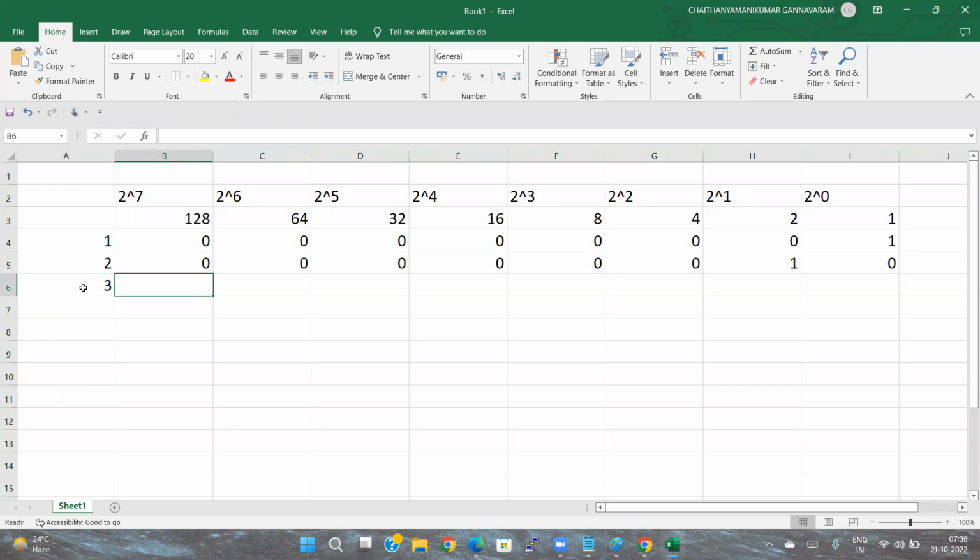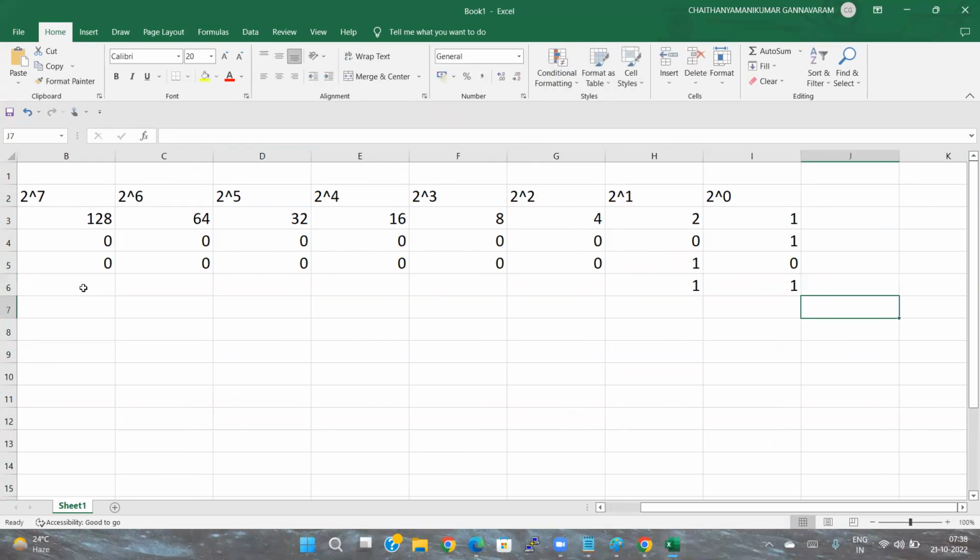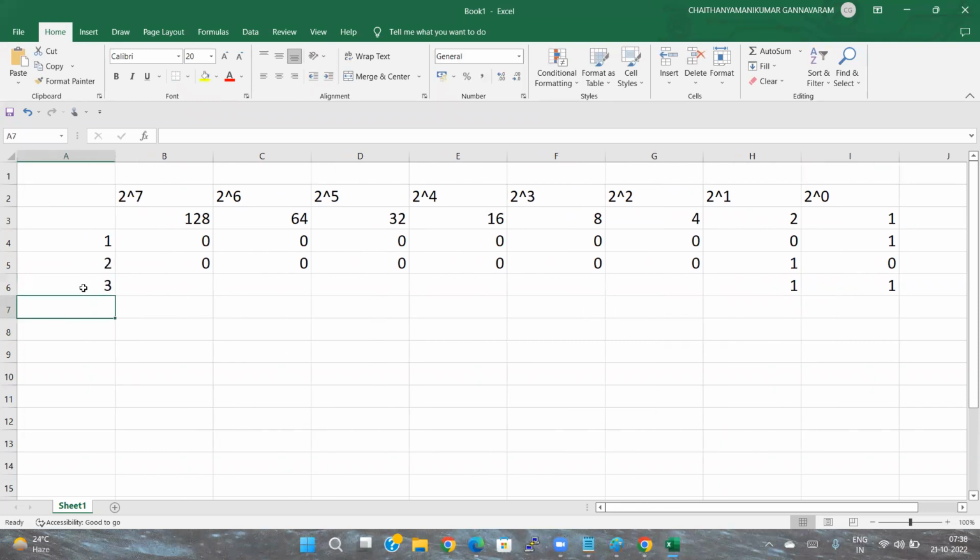So 2 plus 1, that is nothing but here all the values will be 0, and these 2 places you are going to get as 1 1. So if you want to get 4, how are you going to get the 4? Here all the values will be 0, except 2 square will be 4. Here it will be 1, and remaining 2 places it will be 0 0. And this is how you are going to get the value.